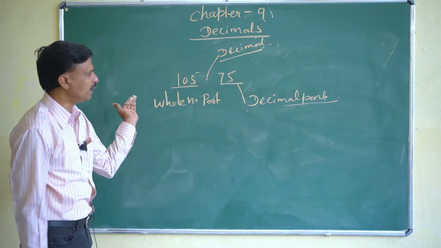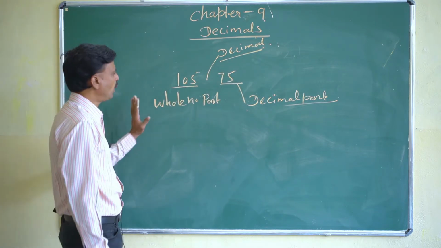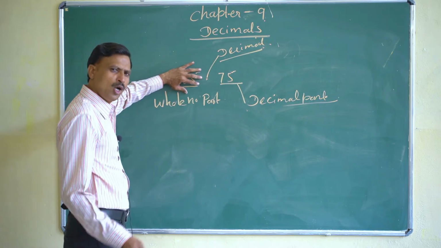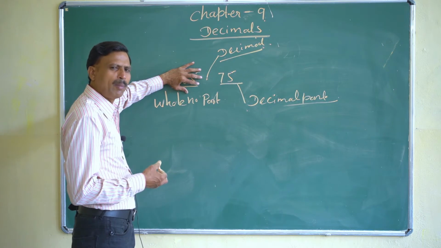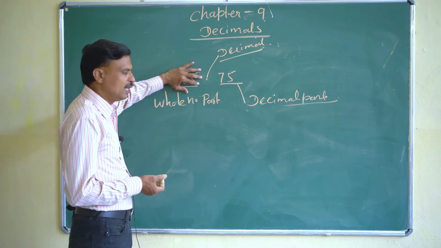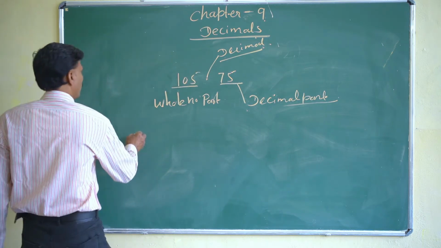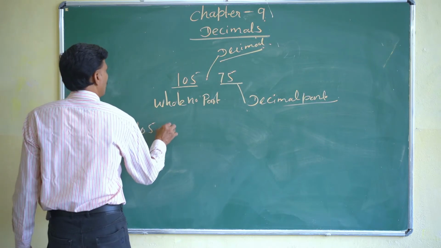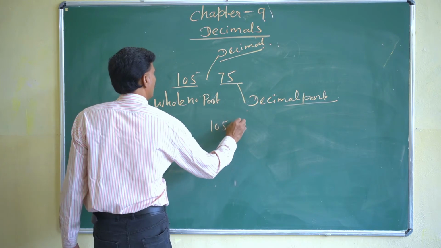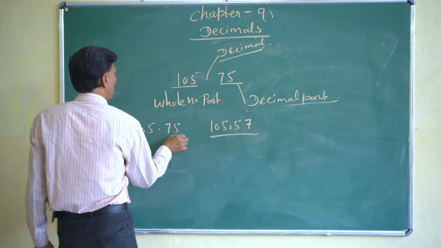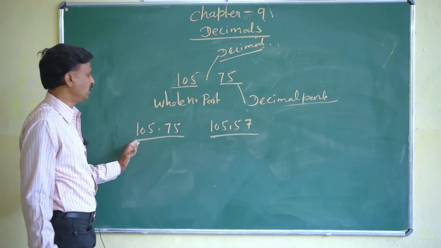So when we are comparing two decimal values, what will we compare? First we compare their whole number part. If the number having the greater whole number part, that value will be greater. If the whole number value is equal, suppose I am writing 105.75 and 105.57. Which is greater of these two values?